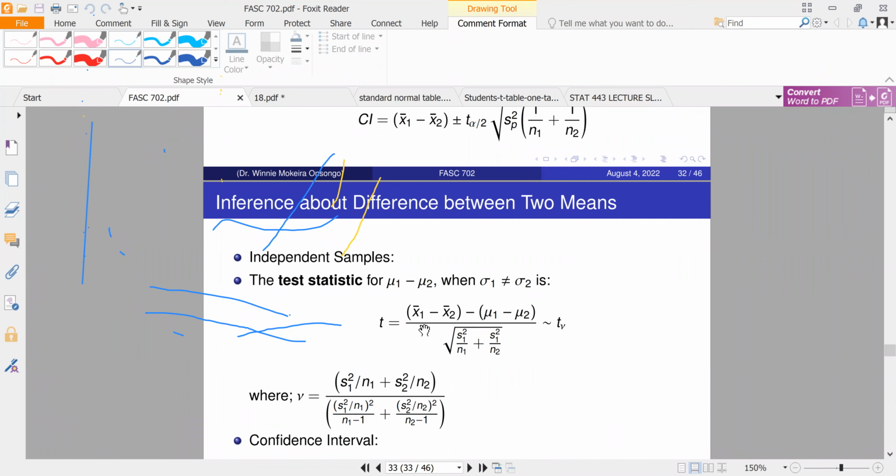And you can see still that is what we are having here. This is just another way of rewriting our test statistic T. And in this particular case, note that there is a condition for this particular test statistic.